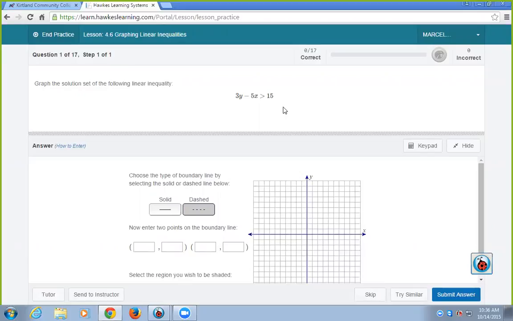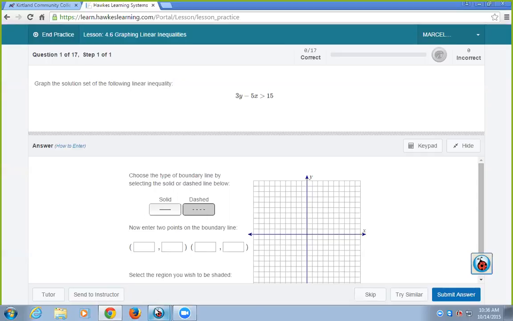Then over on your paper, you're going to want to write that down. So we're going to put 3y minus 5x is greater than 15.